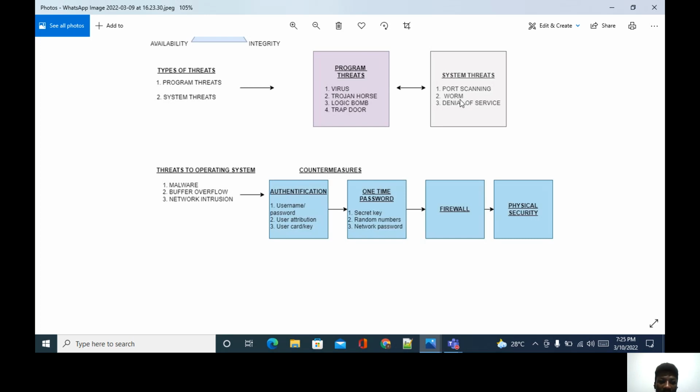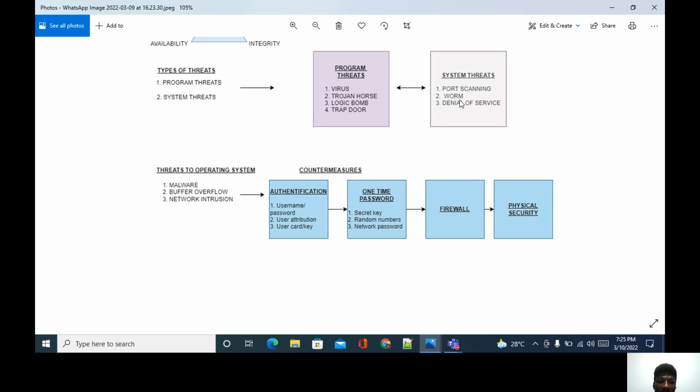Again, we have buffer overflow. Buffer overflow is when a program overruns the buffer boundary and overwrites adjacent memory locations. That will cause a weakness in the system that will be utilized by attackers later.